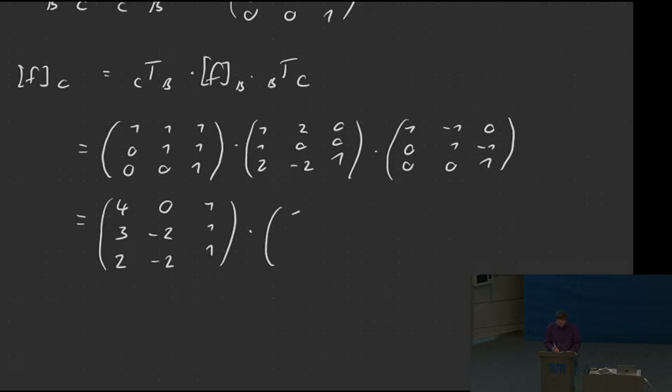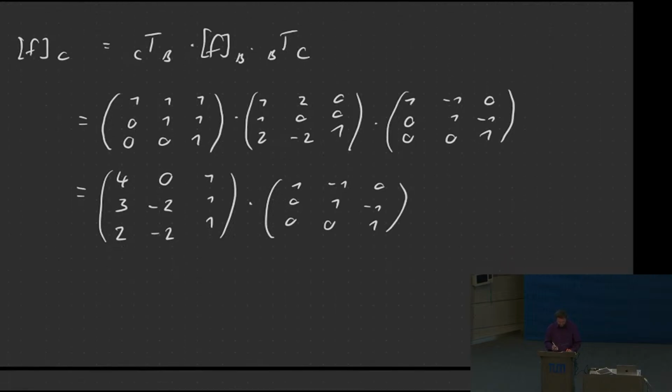And then we multiply this with that inverse matrix here. And let's see, the result is 4, 3, 2, minus 4 plus 0, minus 3 minus 2, that's minus 5, and minus 2 minus 2, that's minus 4 again.